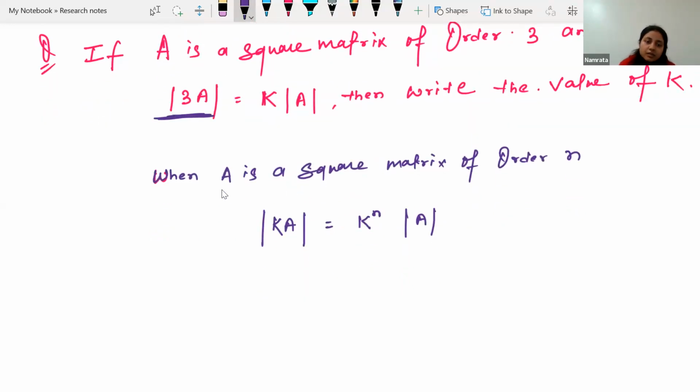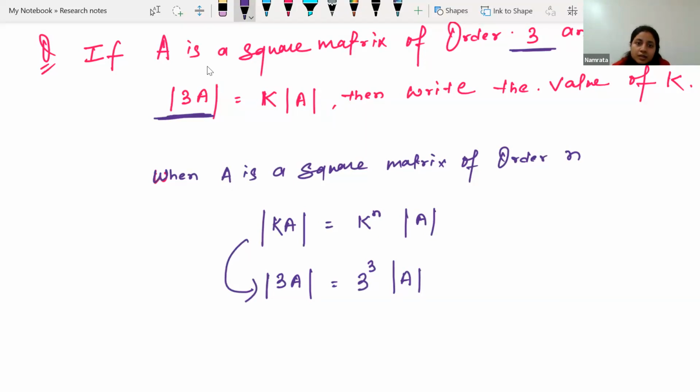So here, can I say that determinant of 3A will be 3 to the power what? Order of the matrix. Order is 3. So can I say 3 to the power 3 and then only determinant of A, by applying this property? You don't have to write everything over here, or even if you are writing the property, that is completely fine.